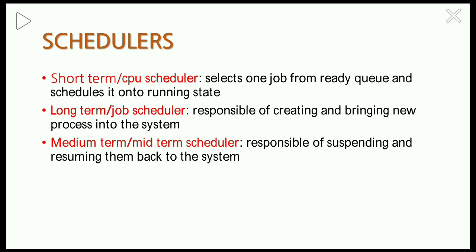In the case of the non-preemptive scheduling algorithm, if a CPU holds a particular process, it will completely execute that process and then leave it. But in the case of the preemptive scheduling algorithm, the CPU is going to execute some part of the process, and then after a while it will execute the other part of the process.